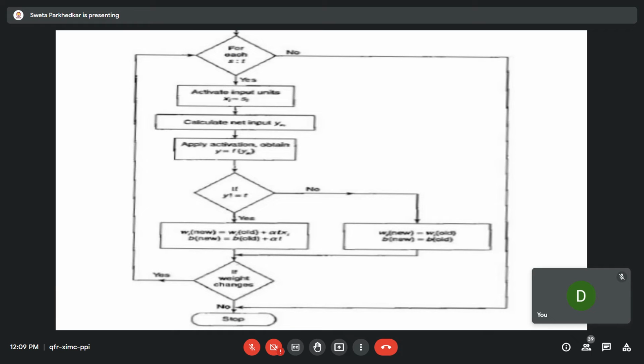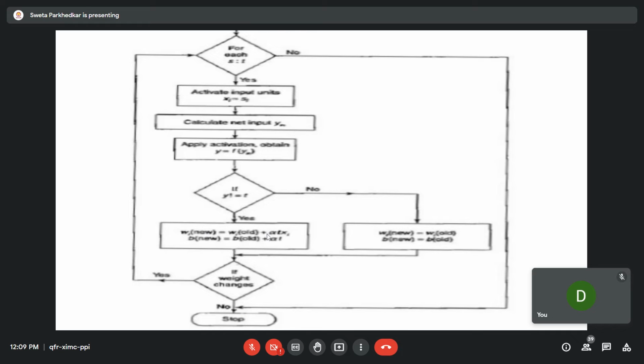Whatever the error was there, it should get reduced after some iterations. So as you increase the iterations of the loop, your accuracy will be increasing. Okay. If there is no weight change, it will stop that particular iteration.